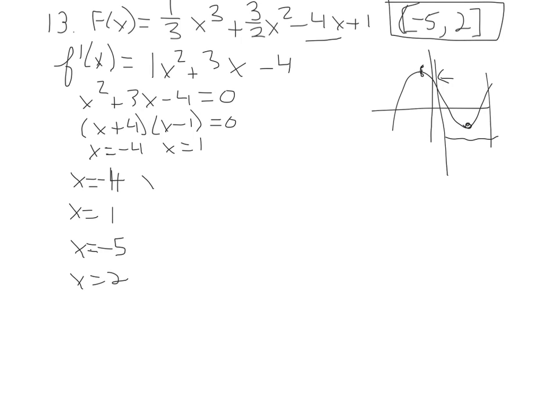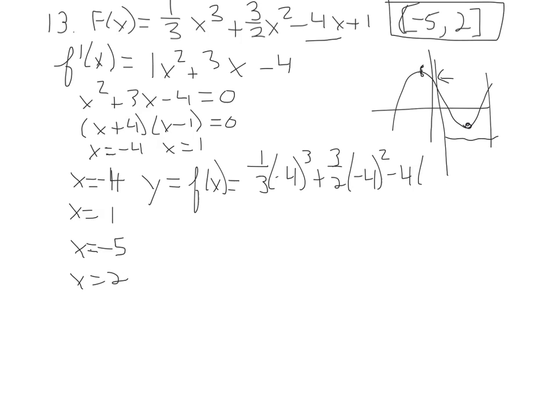So at x equals minus 4, if I go back in the original equation, which is f of x, and I work out what the y value is, I'm going to get 1/3 times negative 4 cubed plus 3 halves times negative 4 squared minus 4 times negative 4 plus 1.